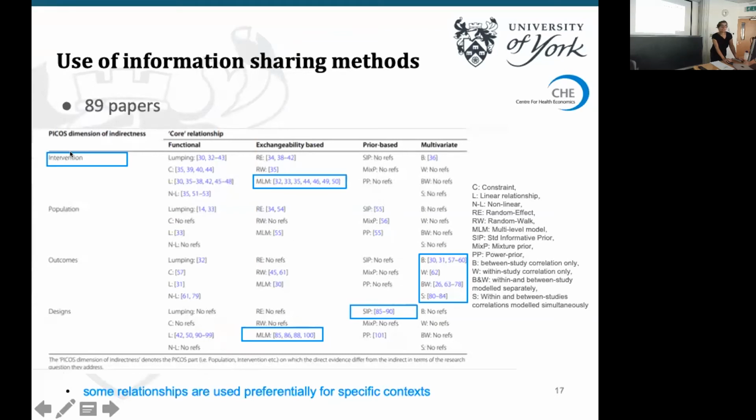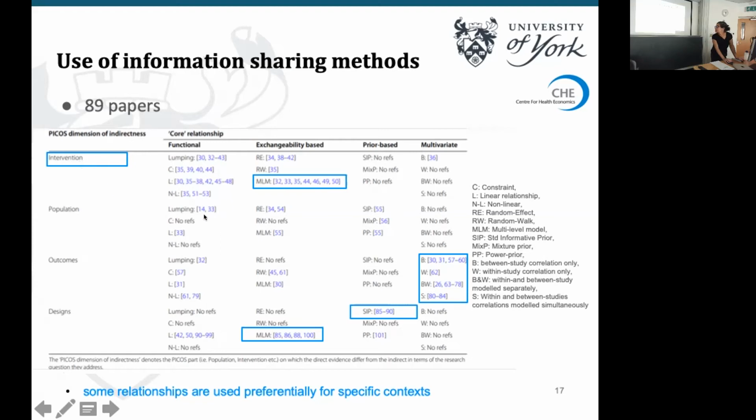So I'm just going to summarize the visual messages from this table. Sharing of information has been used across all PICOS levels, and all of these 4 core relationships have been used.